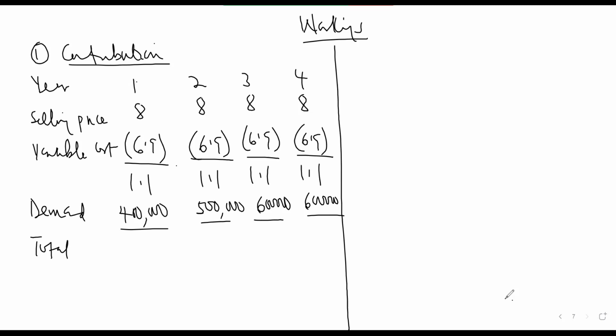Year 1, 440,000. Year 2, 550,000. Year 3, 660,000. And it continues.